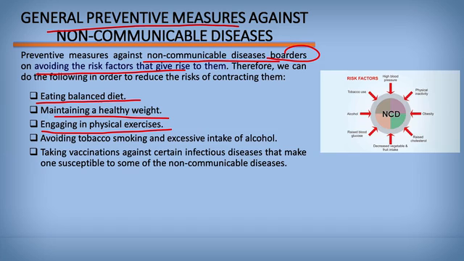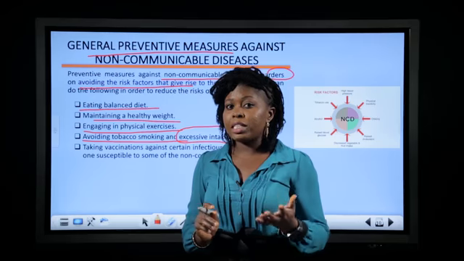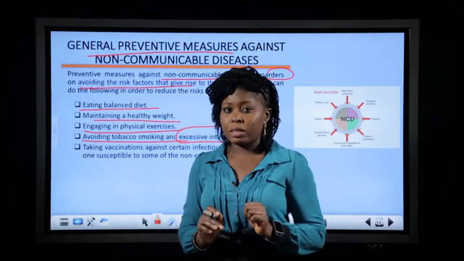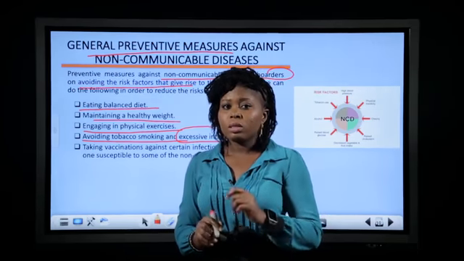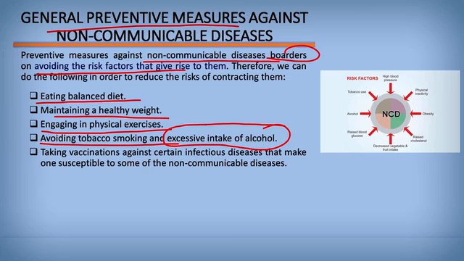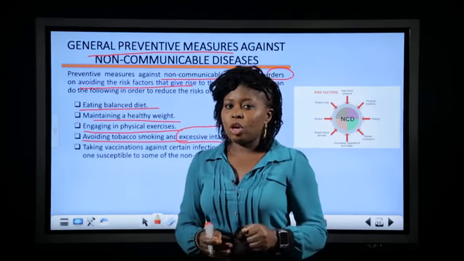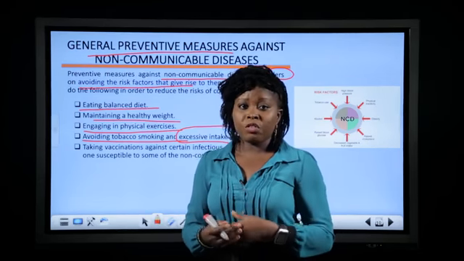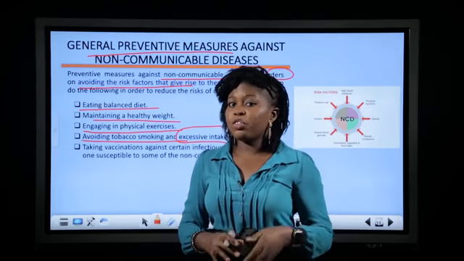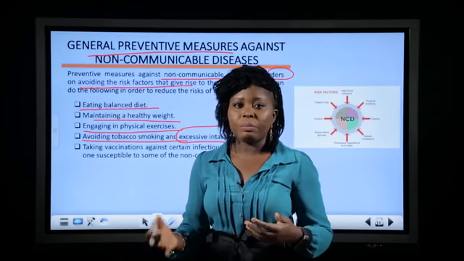Another thing we must do is to avoid tobacco smoking and excessive intake of alcohol. We must make sure that we do not even start the intake of tobacco in the first place. As a student or as someone living in a neighborhood, as you grow older, there will be peer pressure coming from around you, either from your friends, from some family members, or from neighbors.